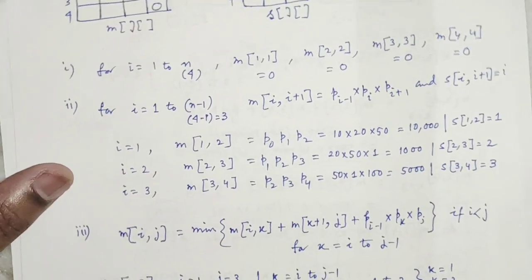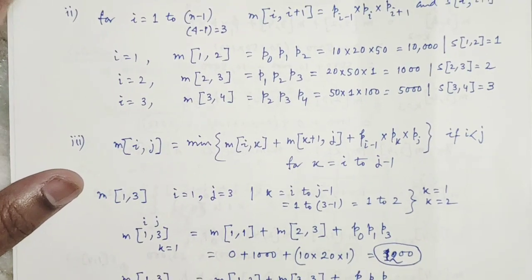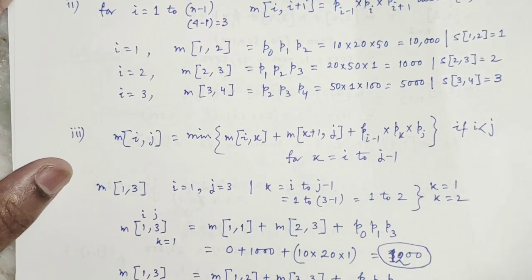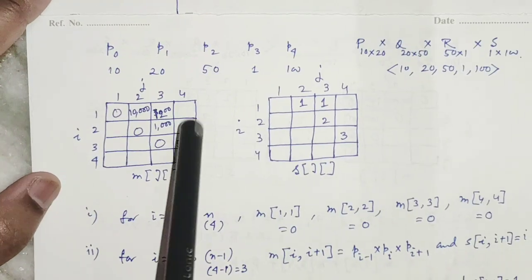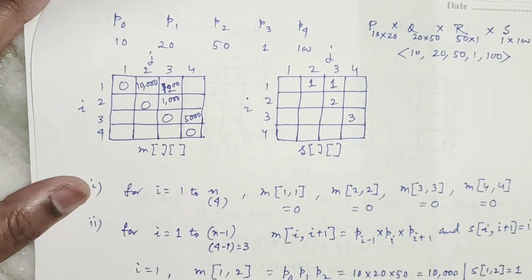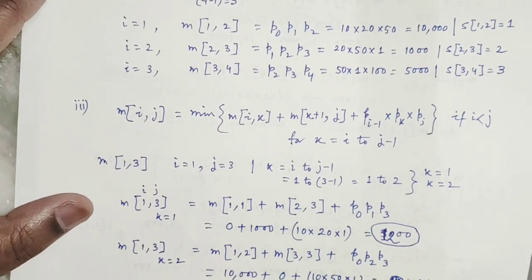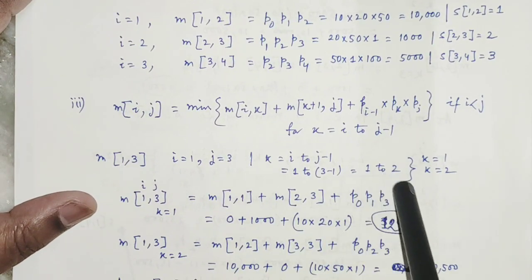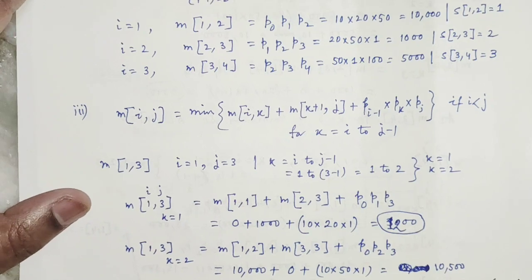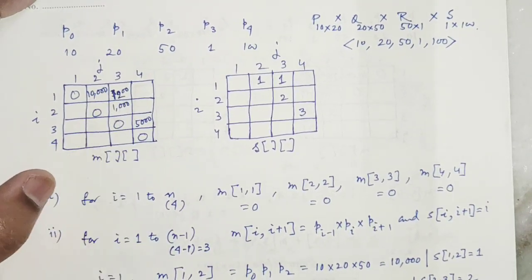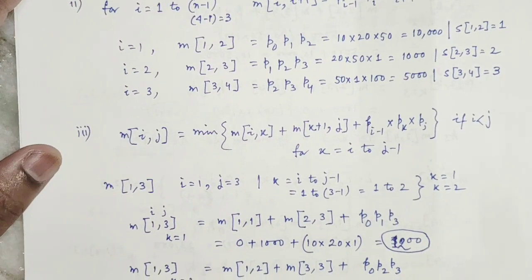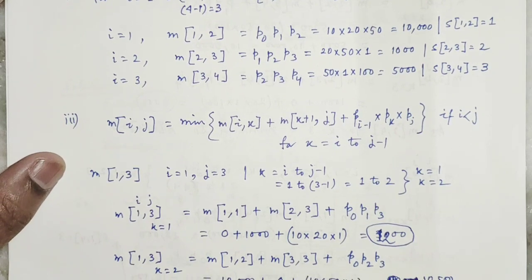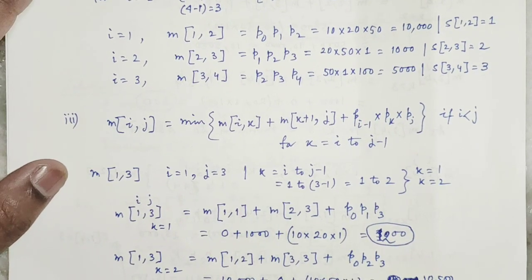We are reusing the value, not recalculating. M of 2 3 is already done, and it was 1000. We have put the value here, and we have to calculate p0 into p1 into p3. P0 is 10, p1 is 20, and p3 is 1. So 10 into 20 into 1 is 1200.